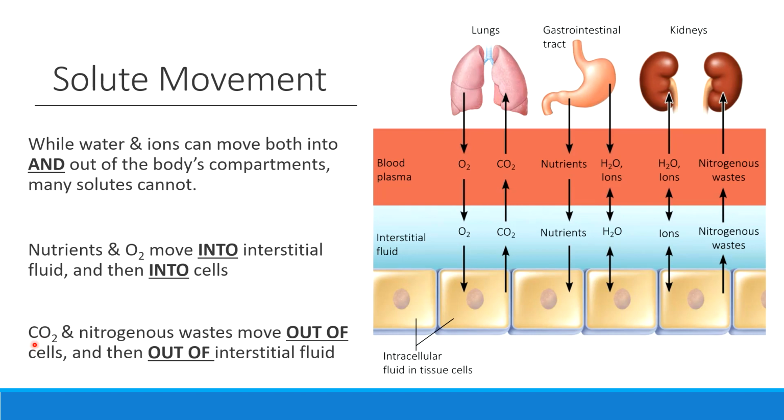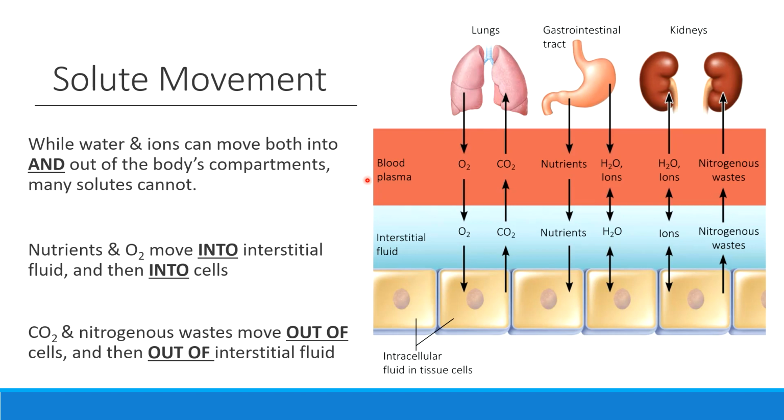And the same is true when we talk about things like carbon dioxide or waste products. Waste products and carbon dioxide are always going to go out of our cells into that interstitial fluid, and then they're going to go out of the interstitial fluid into the plasma. Plasma will help me to get rid of them, essentially to get them out of the body.